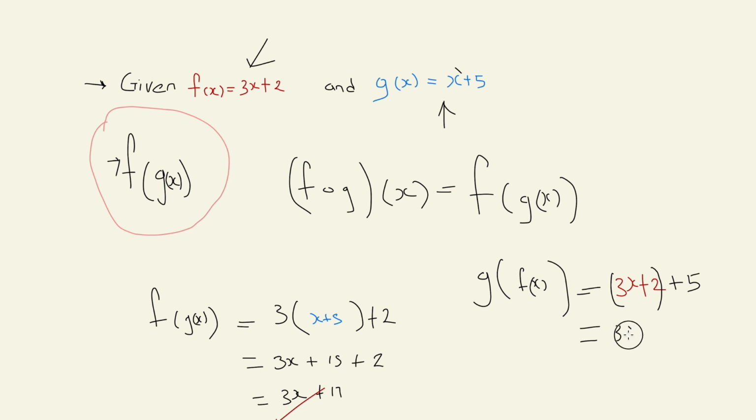This is 3x plus 2 plus 5, which is 3x plus 7. This is the answer.